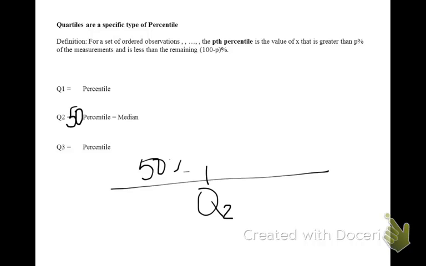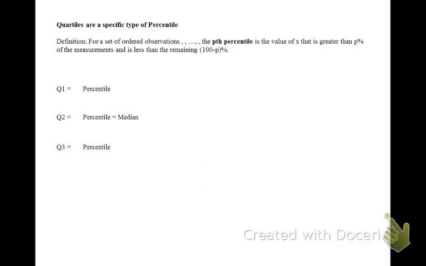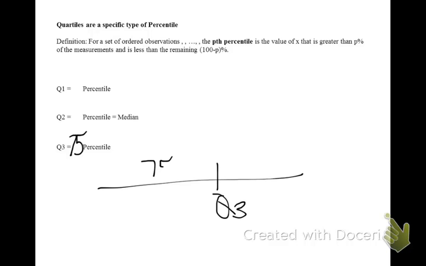To get the upper half, that's 100 minus whatever percentile number you have. 100 minus 50 is 50. So there's a 50% chance of being smaller, 50% chance of being larger. And Q3 would be your 75th percentile. The probability of being smaller than Q3 is 75%, and 100 minus 75, that's a 25% chance of being larger.